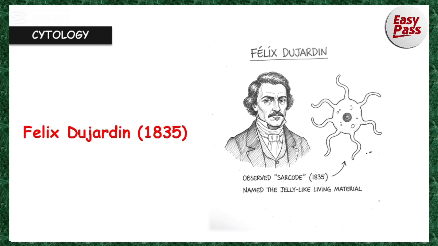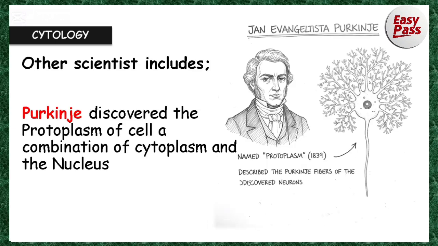Felix Dujardin in the year 1835 also examined the cell in a unique way, and he was able to buttress that cell is actually the origin of life, and all living things are made up of cell. Other scientists that contributed to the theory of cells are Purkinje, who discovered the protoplasm of the cell.